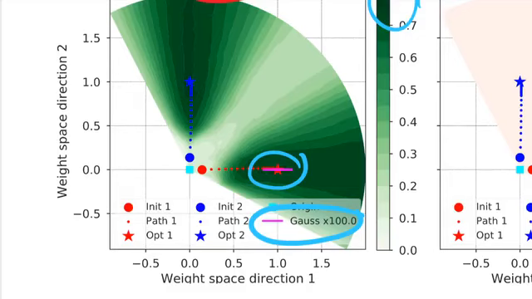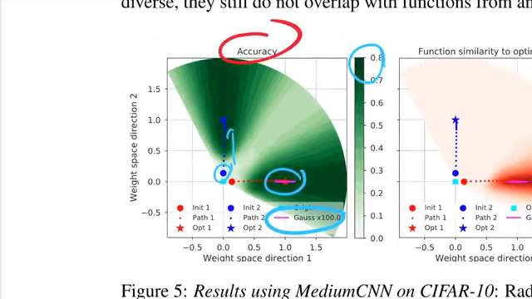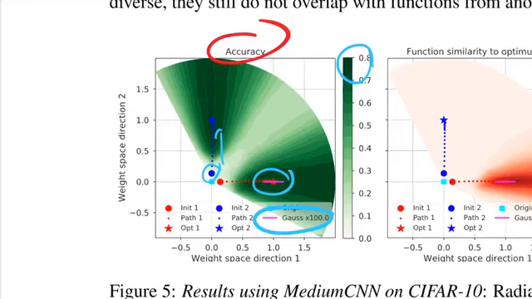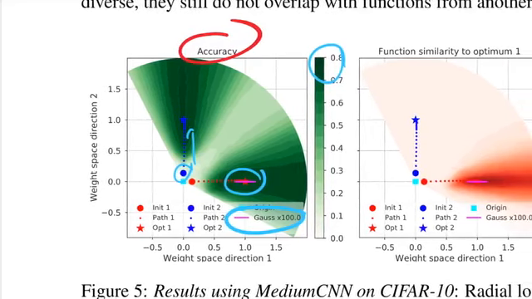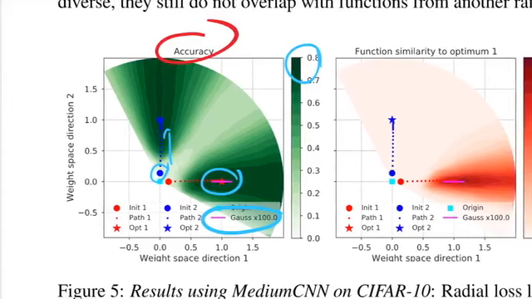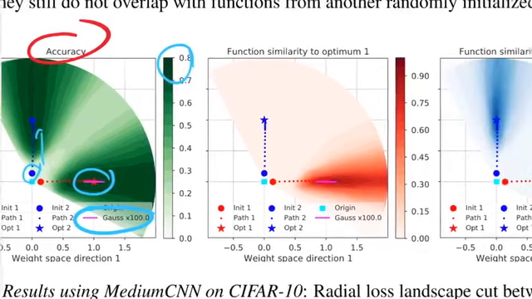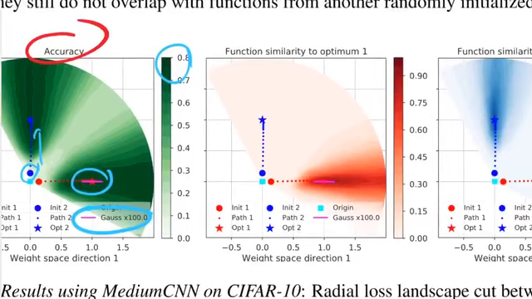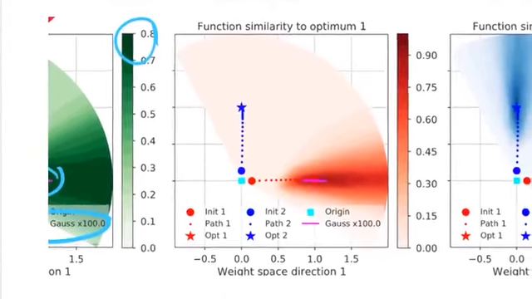So the only chance almost you have is to initialize again and hope that you end up in a different place. And I guess my hypothesis is that there are many, many more of these valleys, of these basins than you could ever capture. So basically every single initialization that is different will lead you to a different one of these basins. I guess it's only a matter of size.